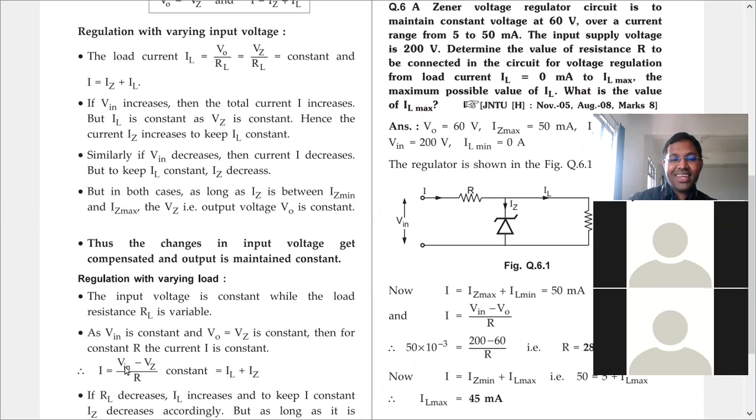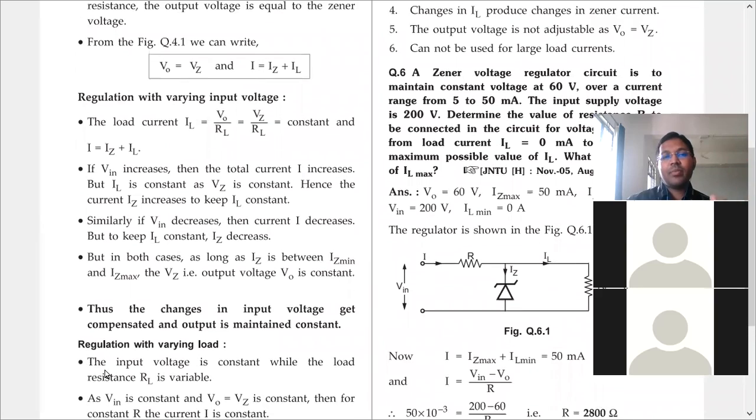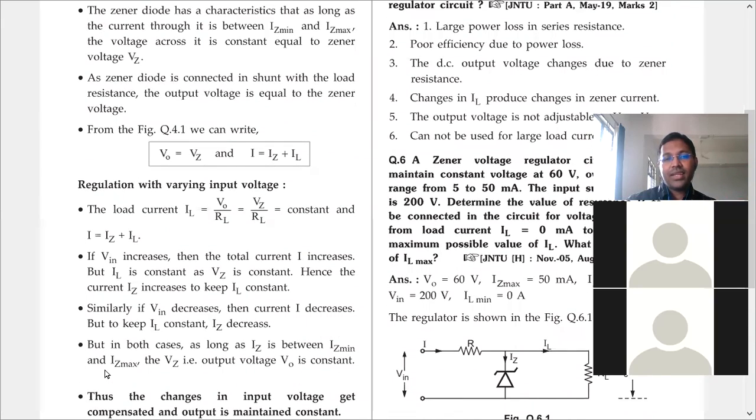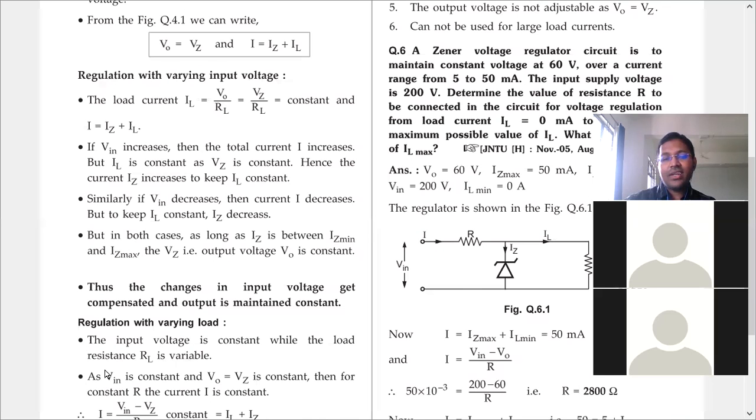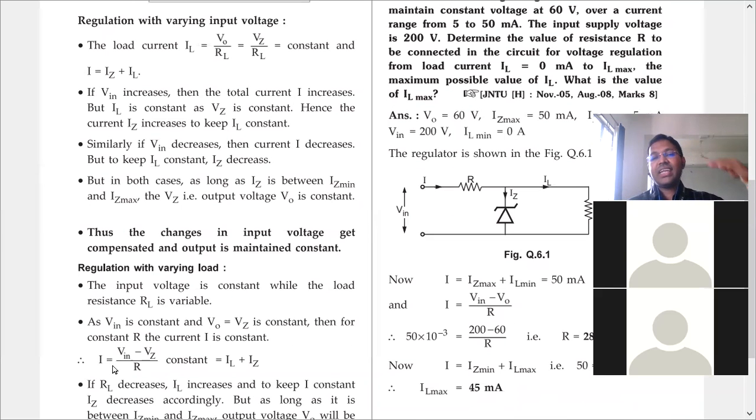When Vn increases, I increases because Vz is constant, R is constant. When Vn decreases, I decreases. This is the initial point that I told you. When the input voltage increases, then I increases. The mathematical proof of that you can understand from this.